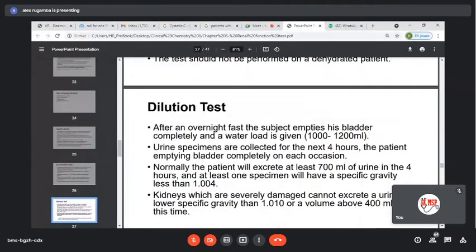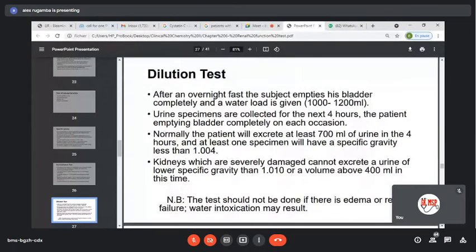Another test is the dilution test. For the dilution test, the patient also needs to fast, so the patient will not take anything to eat.